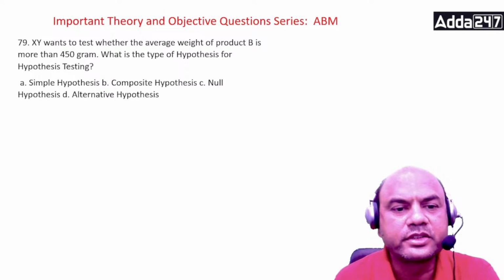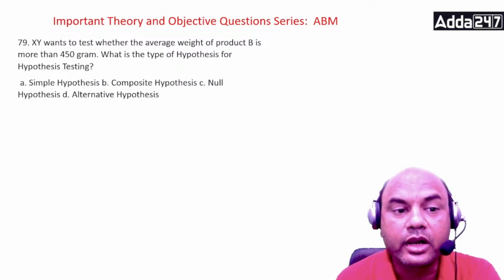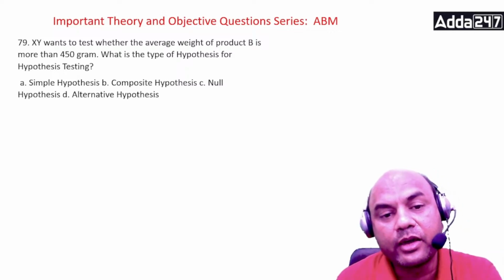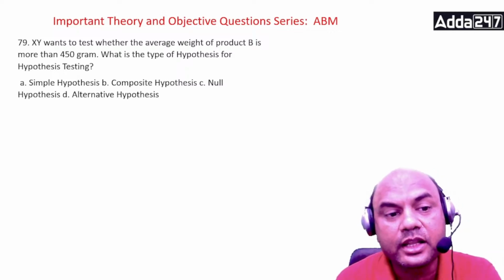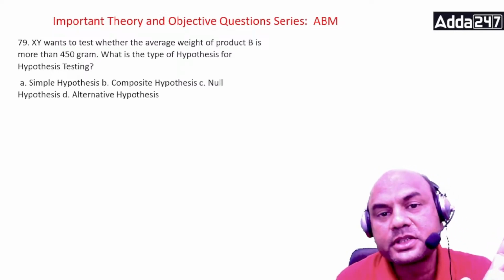XY wants to test whether the average weight of product B is more than 450 grams. What type of hypothesis will be used for this testing? Whether my average weight of any product is greater than 450 grams, I want to check that. So which type of hypothesis will I use?